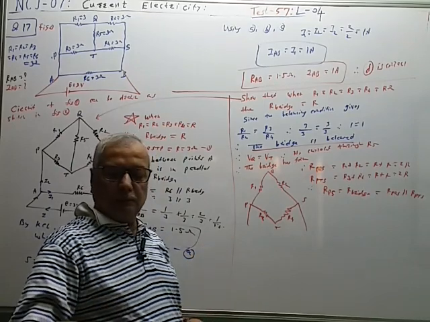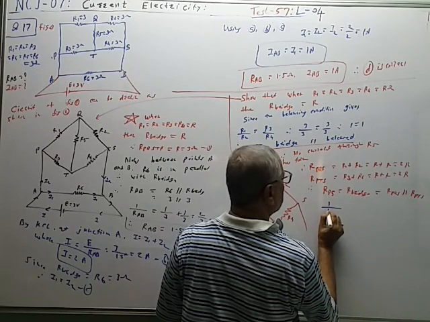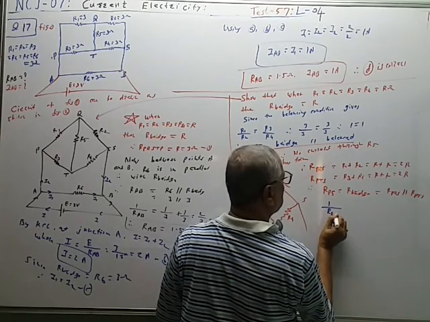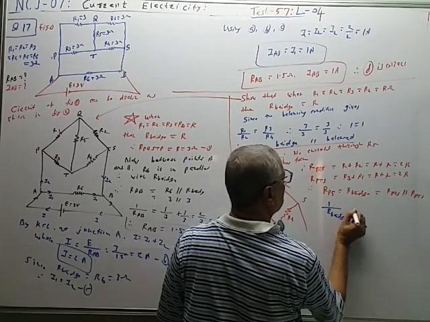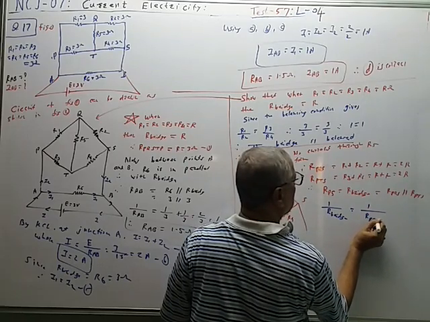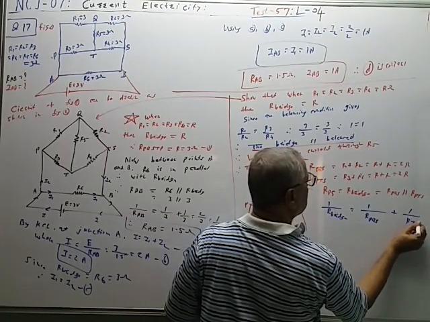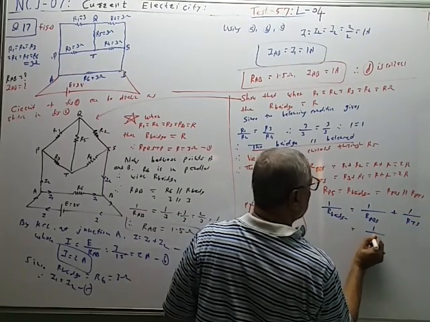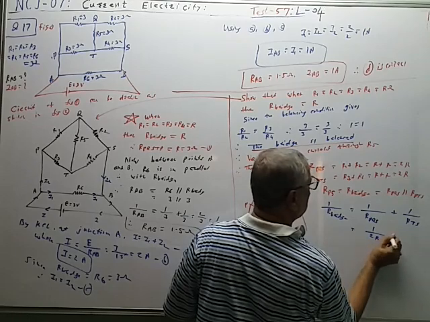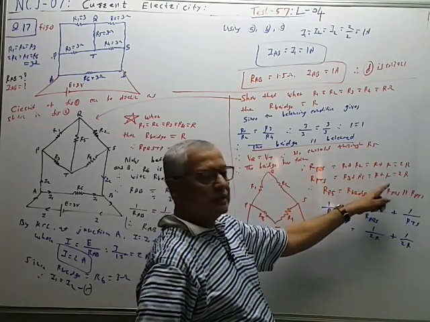And therefore 1 upon R bridge is equal to 1 upon resistance of the upper branch plus resistance of the lower branch. So 1 upon 2R plus 1 upon 2R आपण या वैल्यू सेपरेट कर लेले थे.